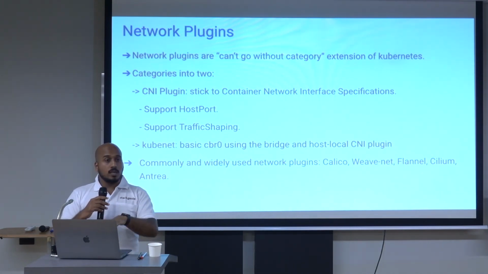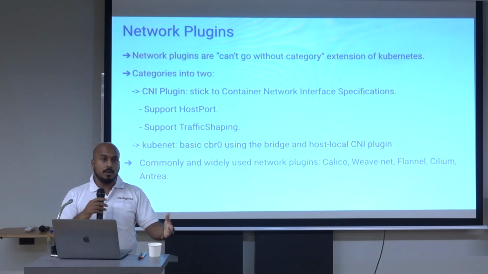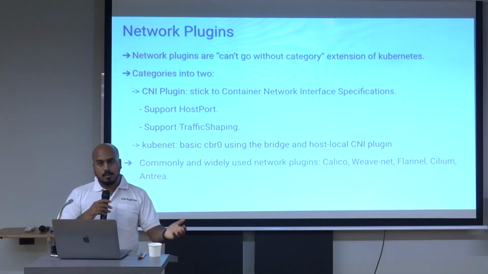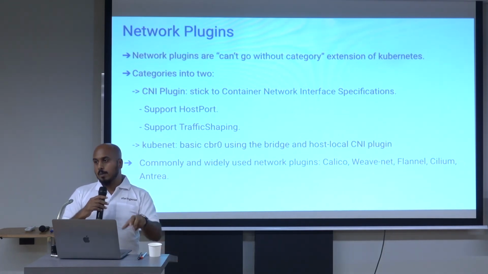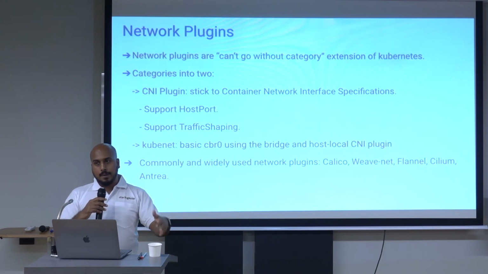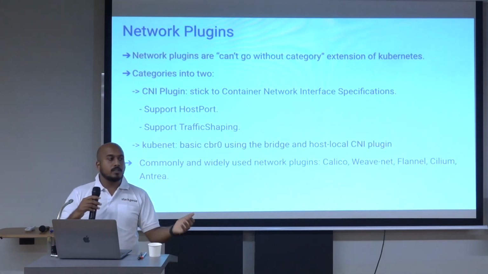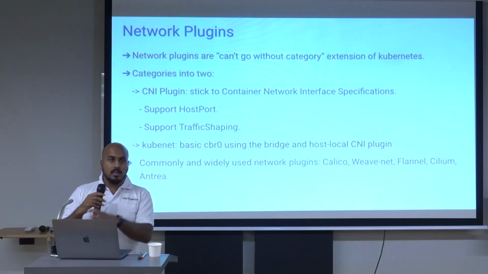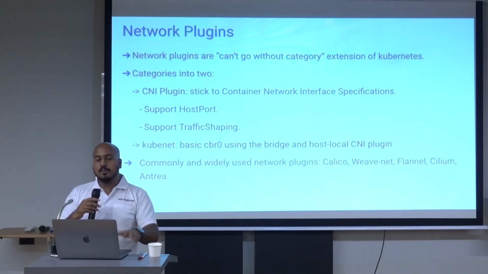But we have a new thing as well called eBPF, that is extended Berkeley Packet Filter. We can let eBPF modules handle our routing. That means instead of using iptables, we can make use of eBPF. It's a packet filter tool mostly found on Linux boxes. Cilium is famous for that.